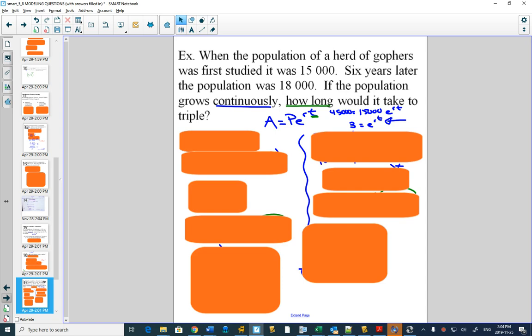And if you have two variables in a question that you want to solve, you won't be able to solve it. So if we try to solve this directly by using 15,000 and tripling it to get to 45,000, we don't know r and we don't know t. We want to find t, but before we can find t, we need to find r first.